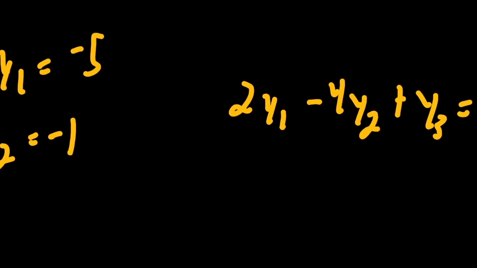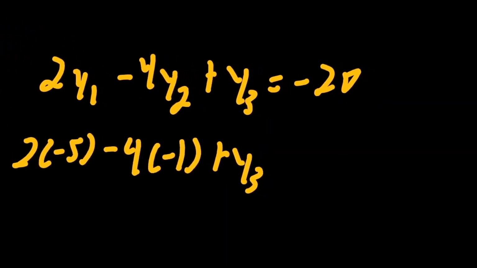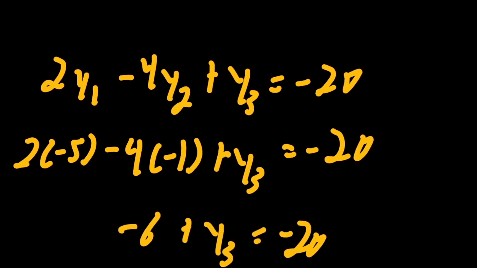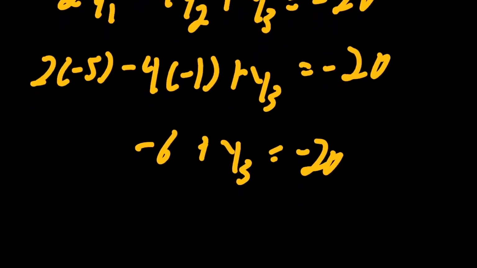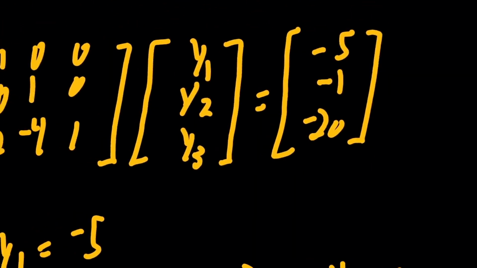We know that it's 2 times -5 minus 4 times -1 plus y3, which is equal to -20. -10 and +4 creates -6. And if we add 6 on both sides, we get y3 is equal to -14. Okay.